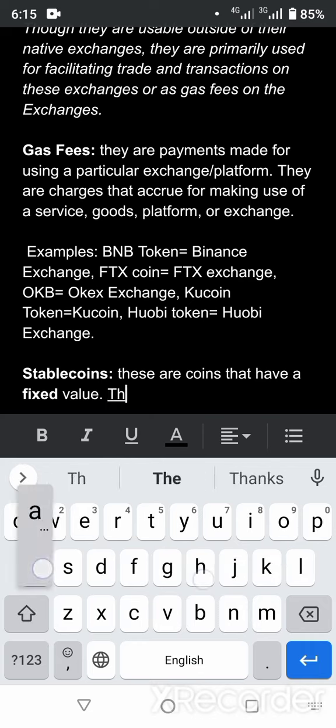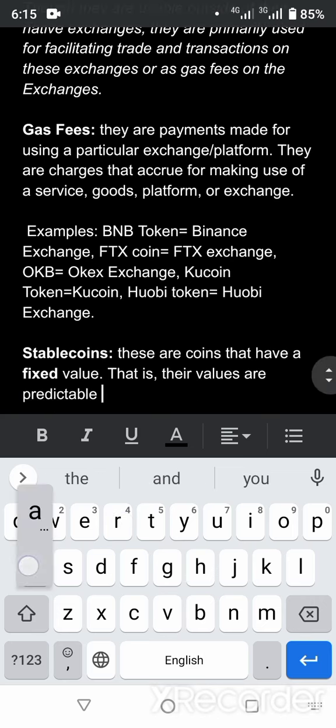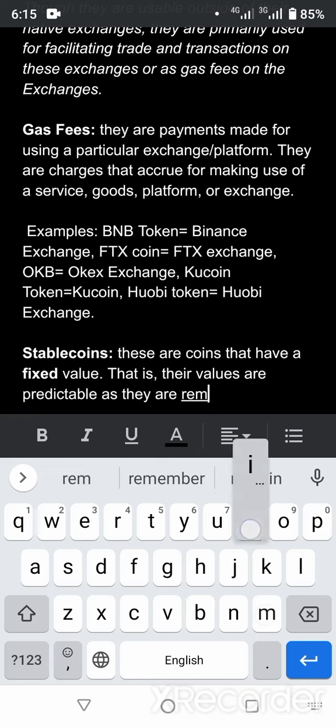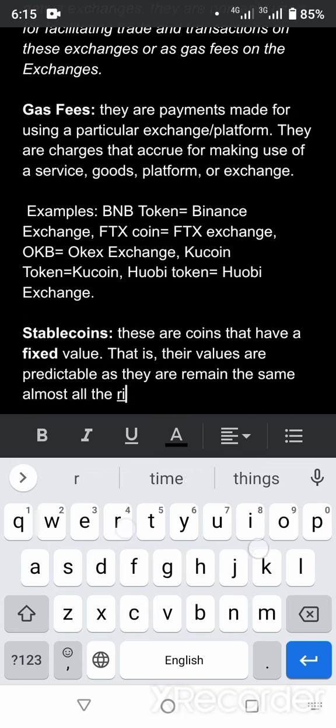That is, their values are predictable as they remain the same almost all the time.